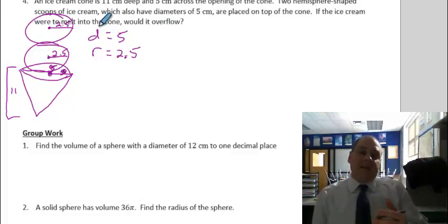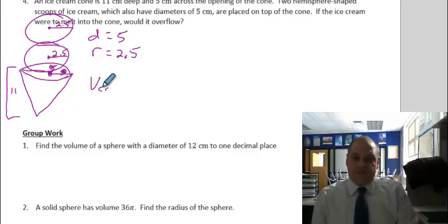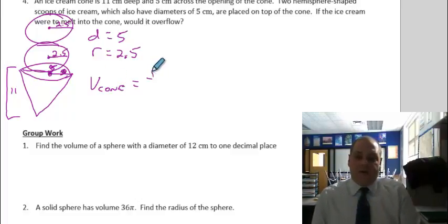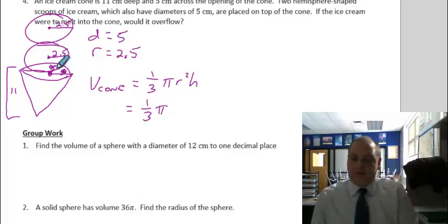So what they're asking is, if all this ice cream melts into the cone, will it overflow? So we need to know the volume of the cone first of all, how much ice cream the cone will hold. The volume of the cone is 1/3 pi r squared h. We did that in our previous lesson. Radius is 2.5, and the height is 11.